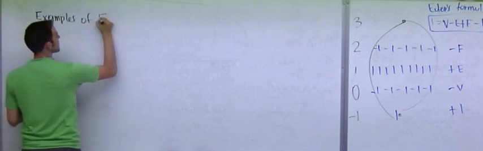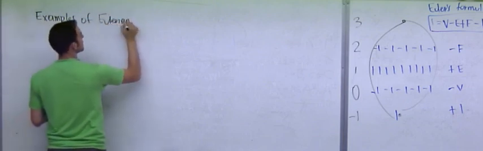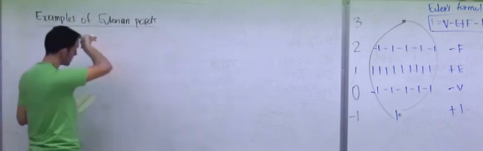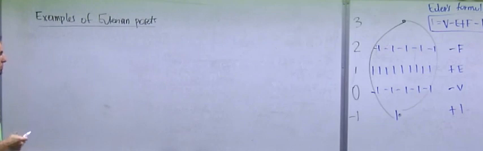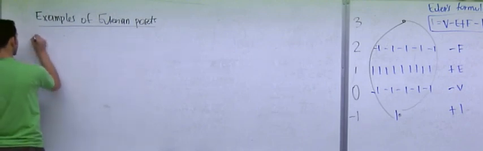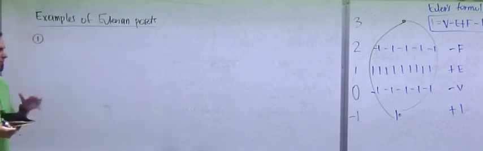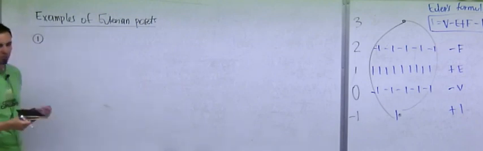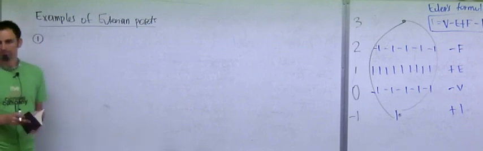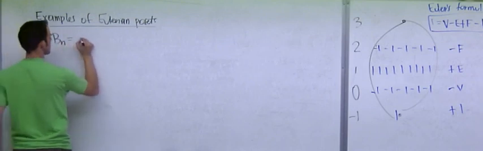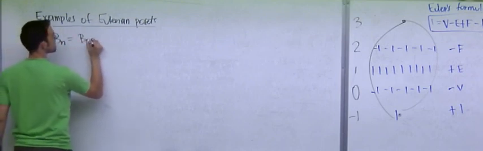So let's talk about some examples of Eulerian posets. So perhaps the simplest example of an Eulerian poset is one of our favorite posets, which is the poset of subsets of a set, B sub n. It's called the Boolean lattice.